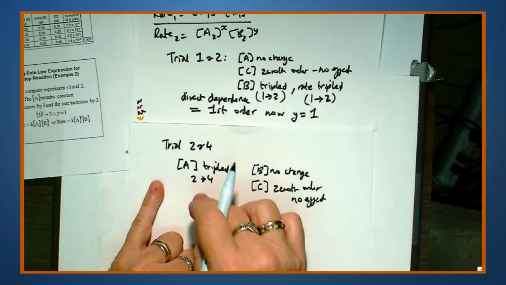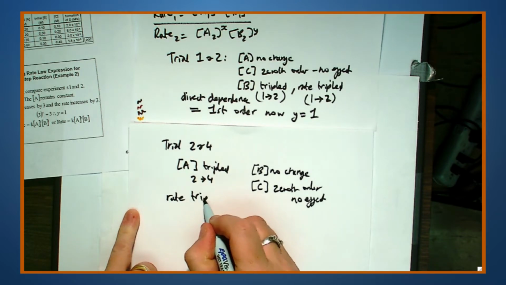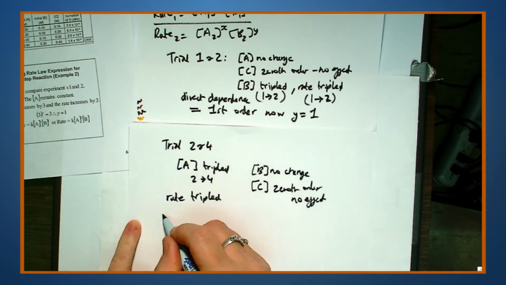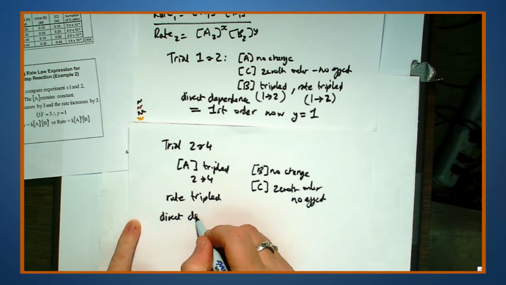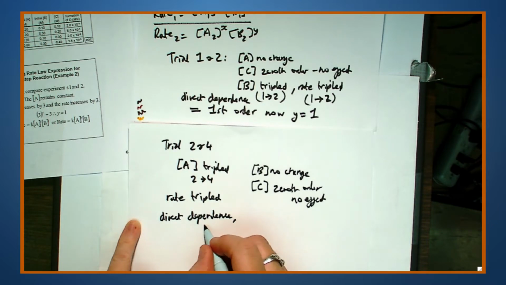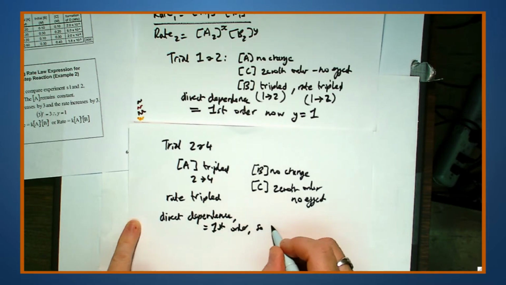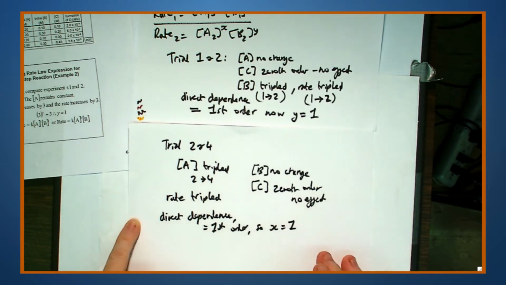So A tripled, and let's see what the rate did. The rate tripled. And so once again, this is a direct dependence, and therefore first order, so x equals 1.